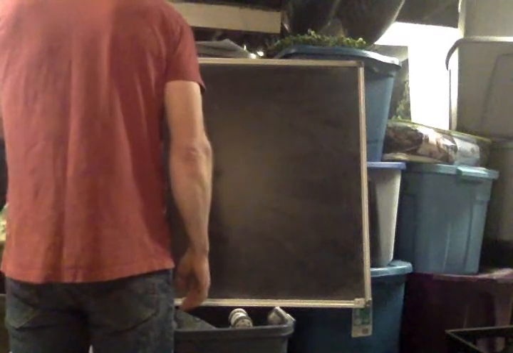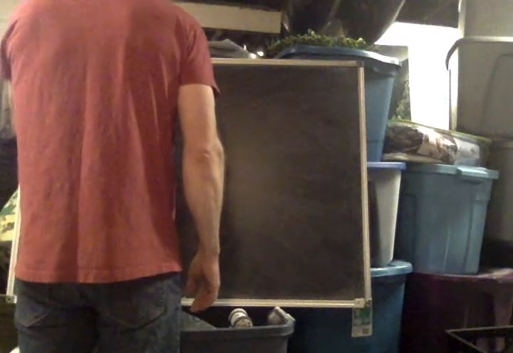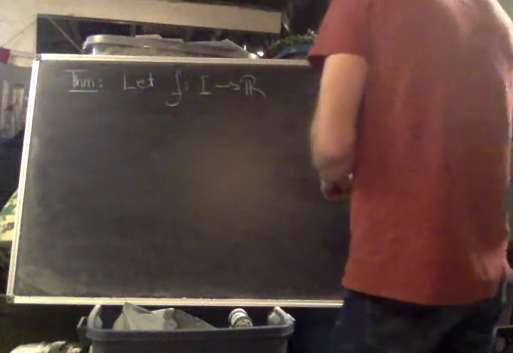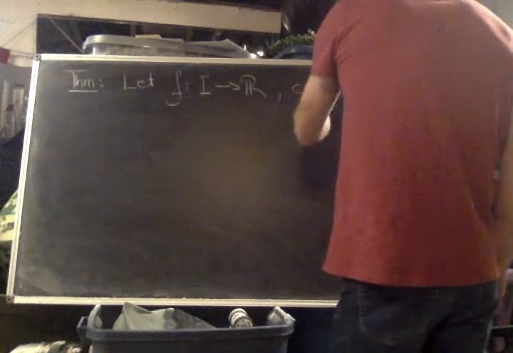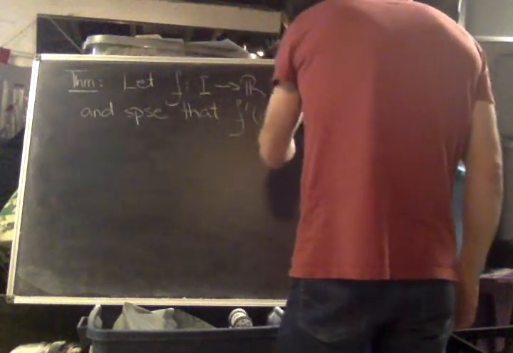So, theorem. Let f be a function from I to R. C belongs to I. And suppose that f prime at C exists.